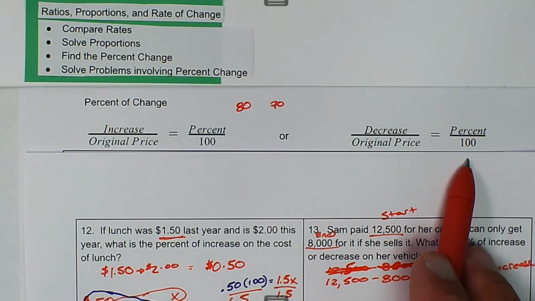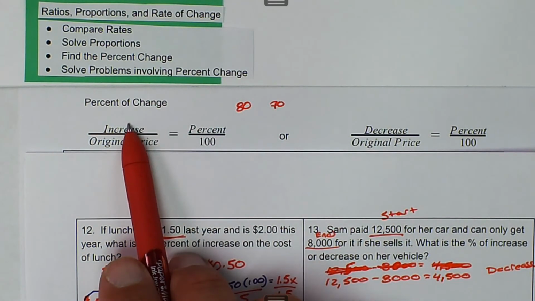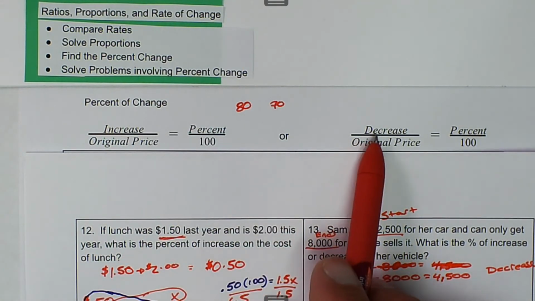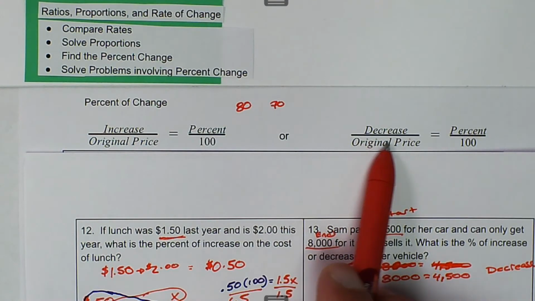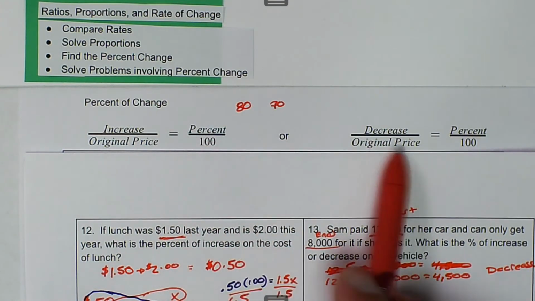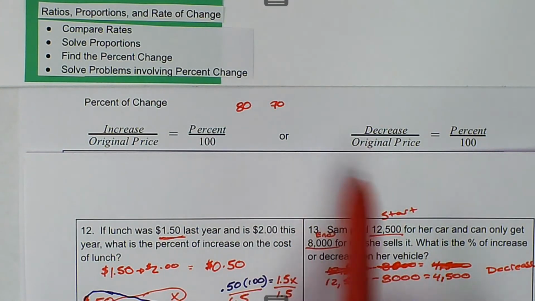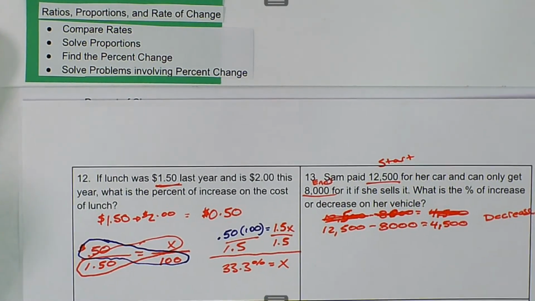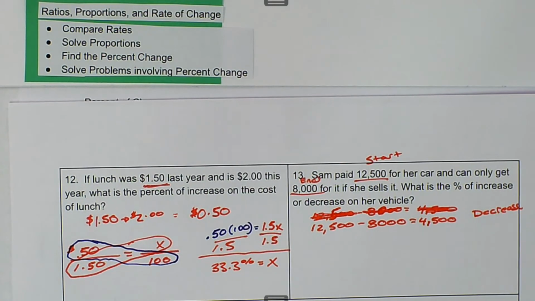The increase or decrease goes above the original price, and the percent is still there. So it doesn't matter if it's an increase or decrease other than in the context of the question. The equation is still the same.